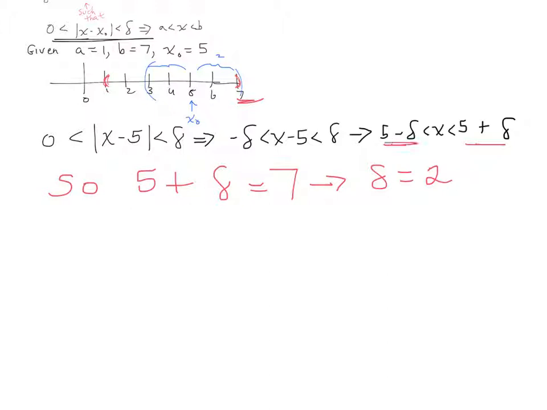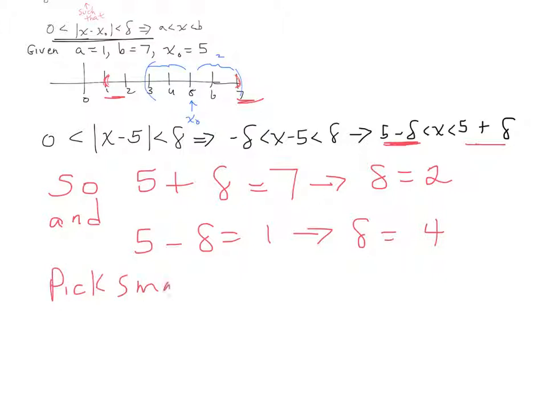I look at the left side here and my left side limit, and 5 minus delta equals 1, which implies delta equals 4. In other words, I can move the delta to the other side and subtract 1. And then what you do is you pick the smaller value, which of course in this case equals 2, and hopefully you can see why up here I moved everything and I centered it around 2.